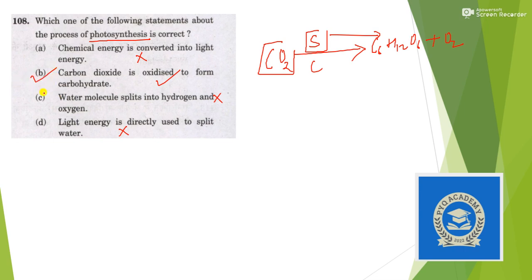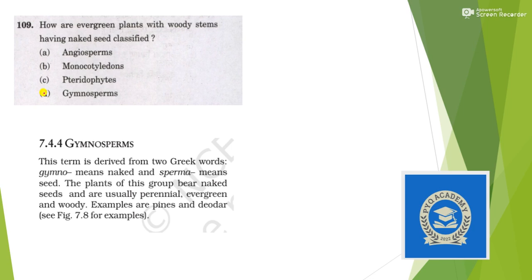Next question: how are evergreen plants with woody stems and naked seeds classified? This checks whether you know the concept. Having naked seeds is directly given in NCERT: the term gymnosperm, where gymno means naked and sperma means seed. So naked seed is the answer, gymnosperms.